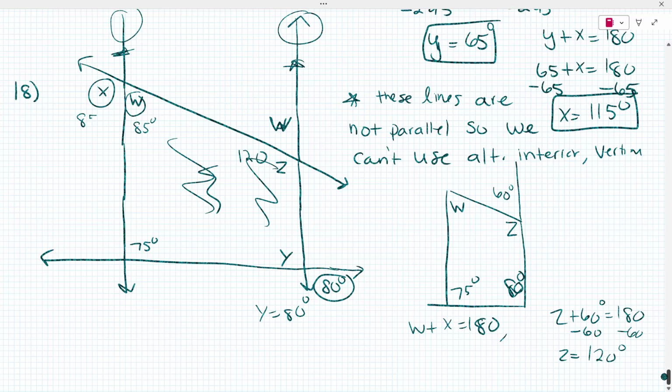Yeah, I know that W is going to be 85, and I don't know what X is. So I can solve for X by subtracting 85. So I get X equals 180 minus 85, which is 95. So X is 95.